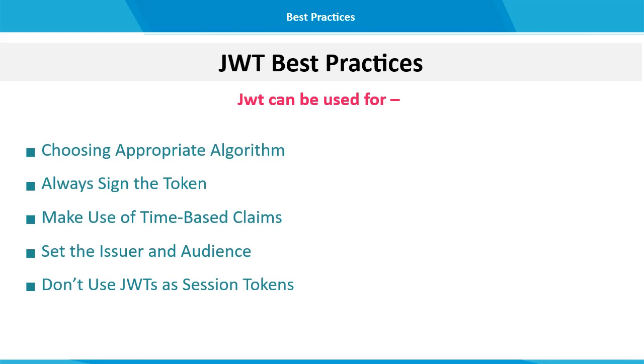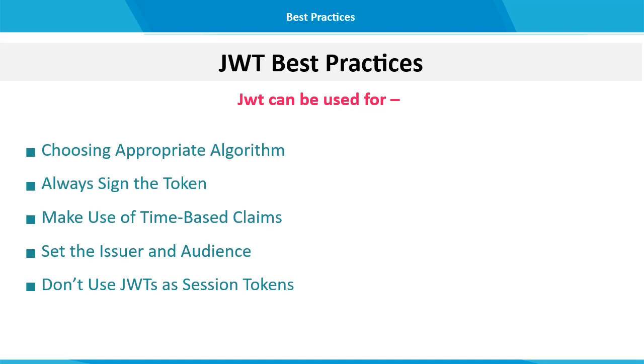We should set the JWT lifespan as short as possible, such as a few seconds or a few minutes, but not days or months. This makes the JWT more secure.